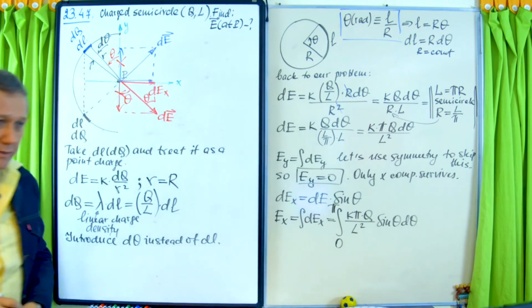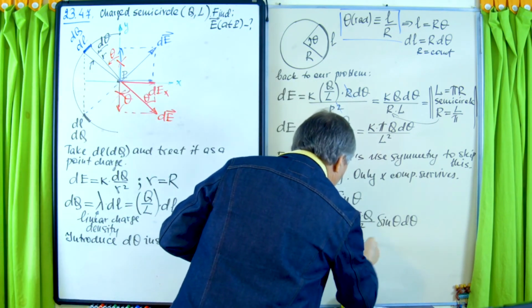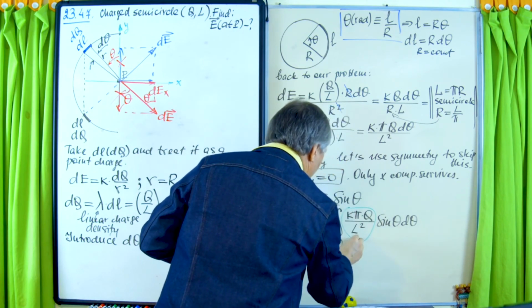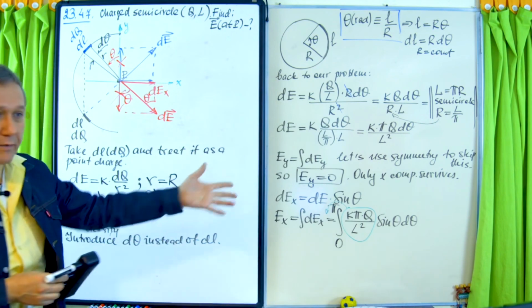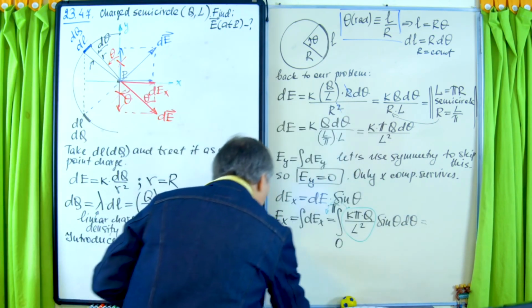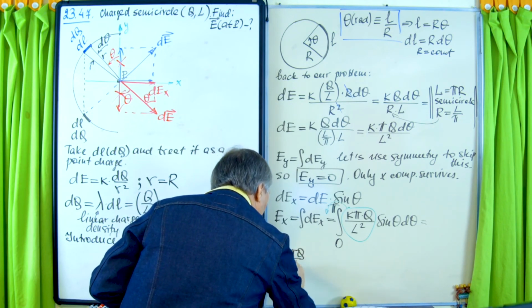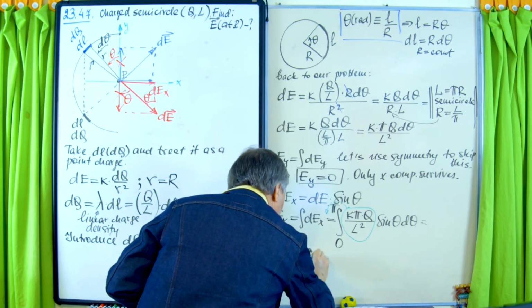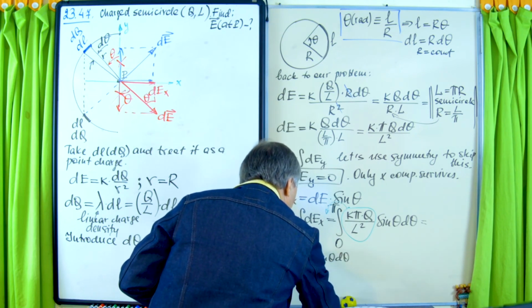All these are constants, so we can take them outside, and then we have the integral of sine. It will be k pi q over L squared times the integral of sine theta d theta from 0 to pi.